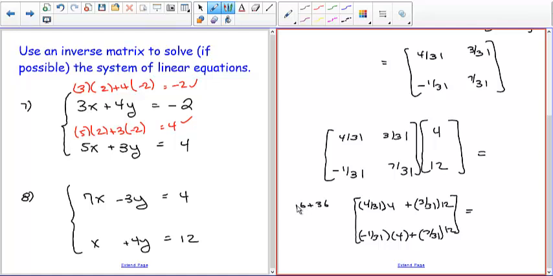So that's 52 over 31. And then we have negative 1 times 4, and 7 times 12, which is 84, so 84 minus 4. So the answer there is 80 over 31.